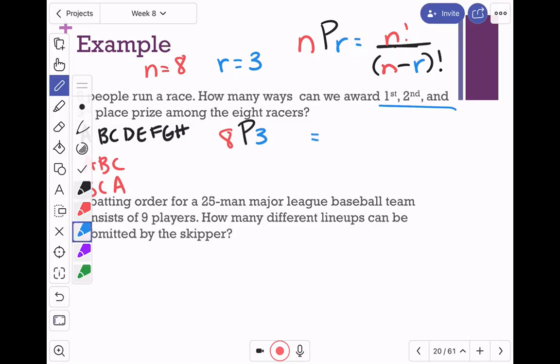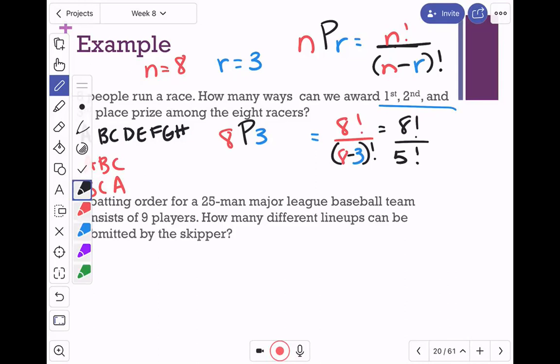So calculating this, I get 8 factorial, that's your n, divided by 8 minus 3 factorial. So this is just 8 factorial divided by 5 factorial.